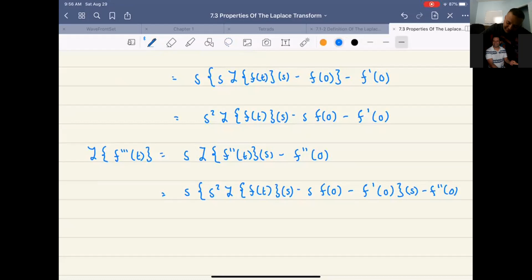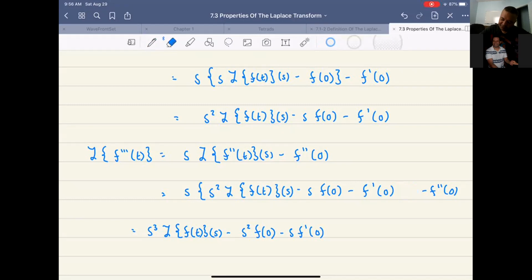Okay, so that leaves us with s cubed L of f of t taken at s minus s squared times f of 0 minus s times f prime of 0 minus f double prime of 0.